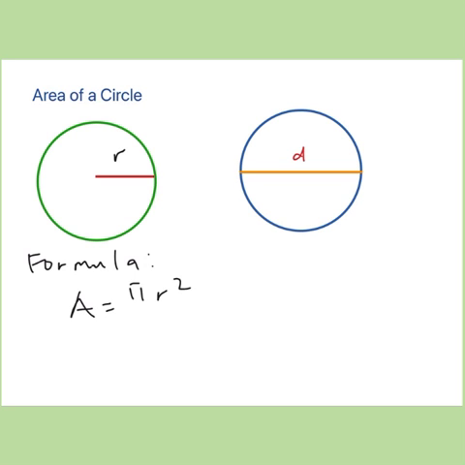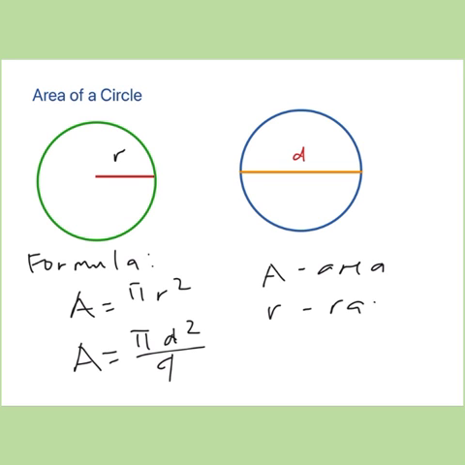While when the given is diameter, you need to use area equals pi d squared all over 4, where A stands for the area, R stands for the radius, and D stands for the diameter of a circle.